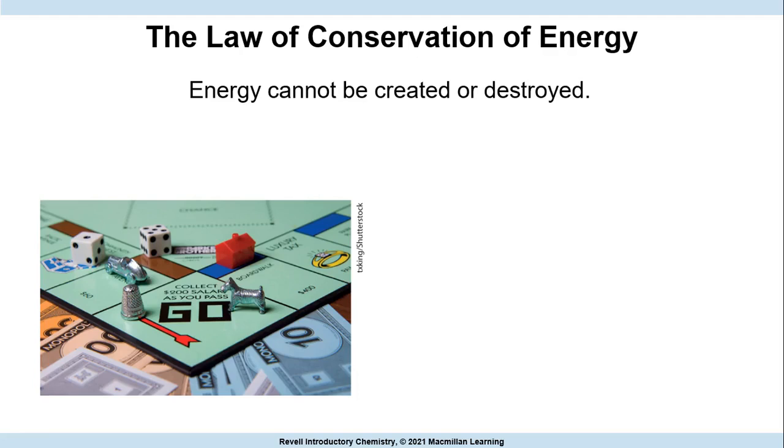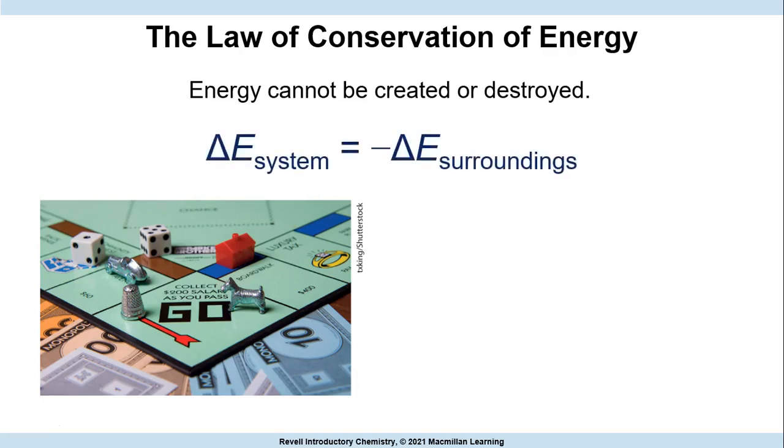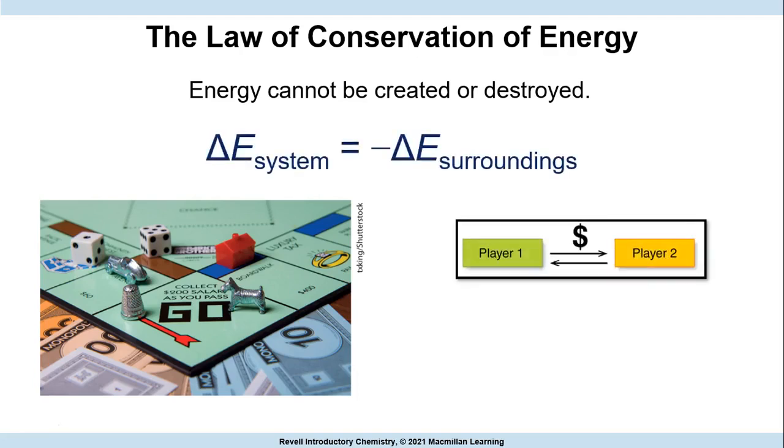We are going to look at another analogy here. Let's say you are playing a game. You have two players and you give them money. So player 1 and player 2 have money. The money can only move from player 1 to player 2 or from player 2 to player 1. So the money cannot get out of that playing system.